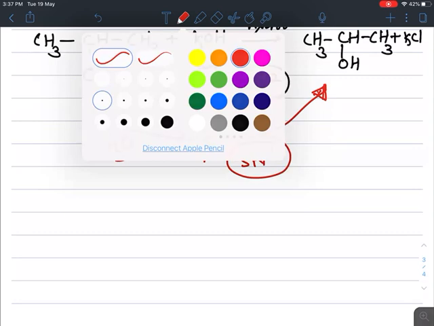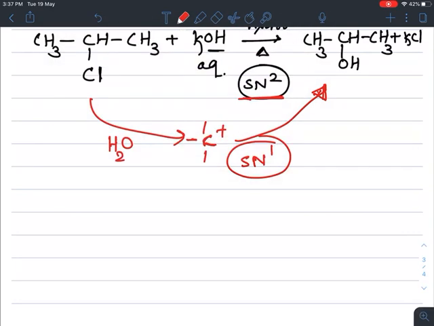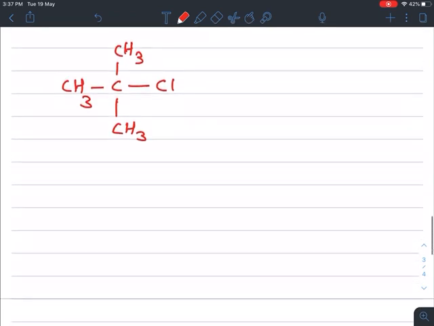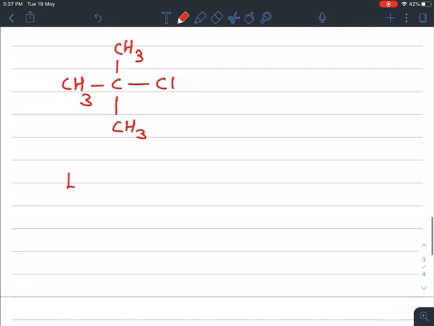If we take an example, that is CH3, C, CH3, CH3, to which chlorine, bromine or iodine is attached. If we take a 4 carbon containing alkyl halide, this is tertiary butyl chloride.